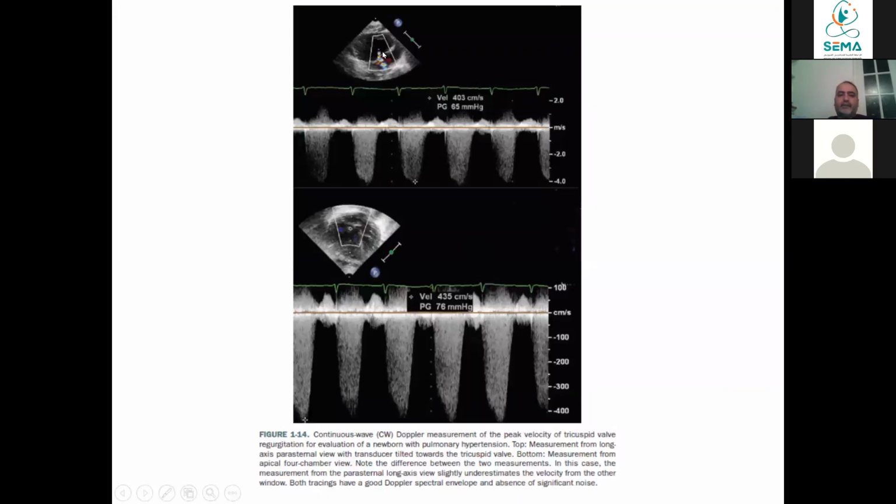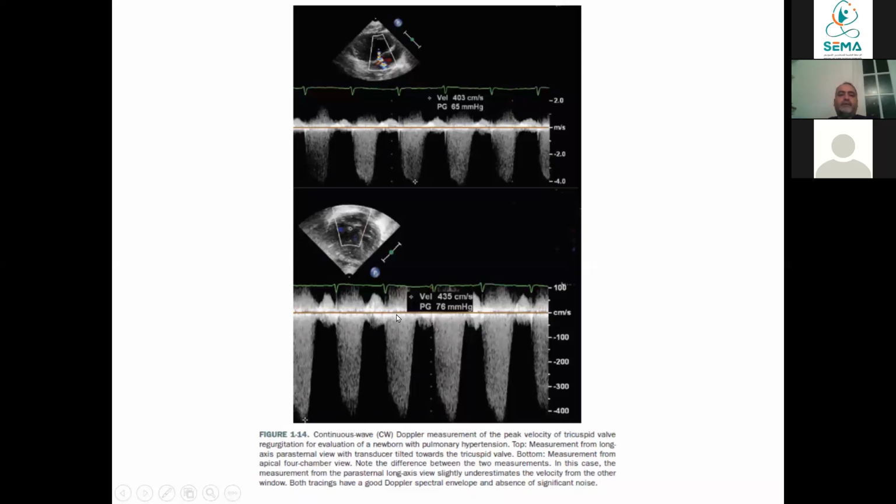You do CW, continuous wave Doppler, and it will calculate the peak velocity. Usually it gives a number, like here it is giving 76, and you will add 5 for the right atrial pressure, and together it comes to 80, which is severe pulmonary hypertension.